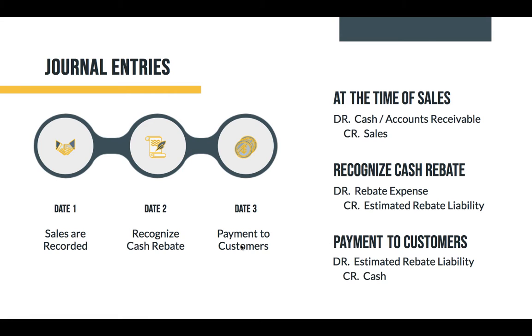Okay, third is payment to customer. So when the actual customer redeems their rebate, since we already recognized the liability, we debit the liability, then credit the cash since we are giving out cash to the customer. We're not giving any items.